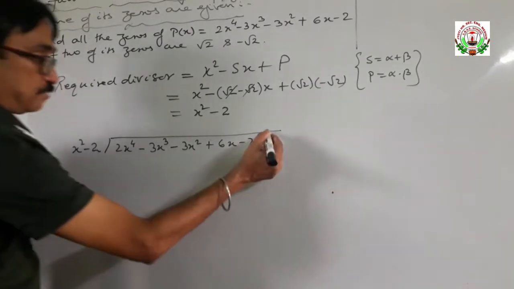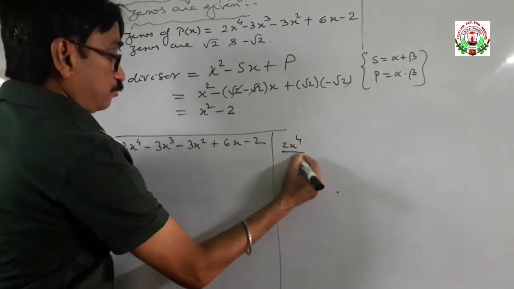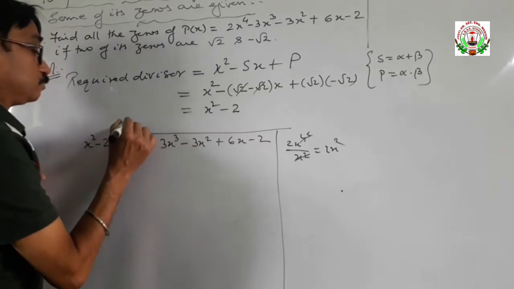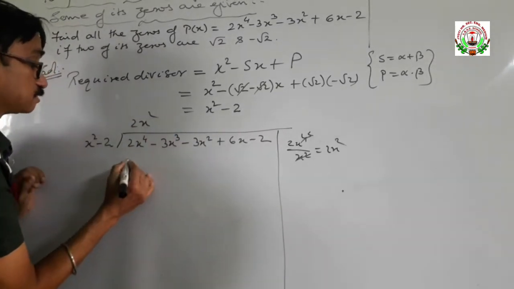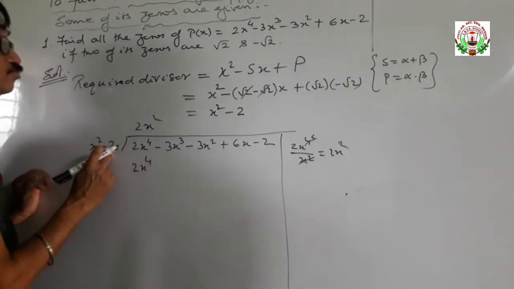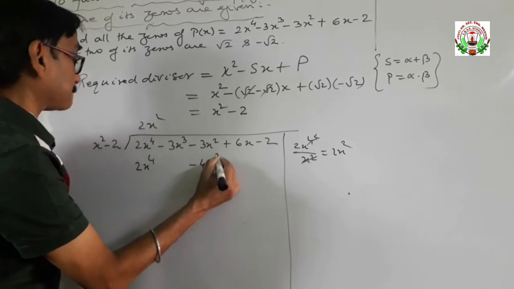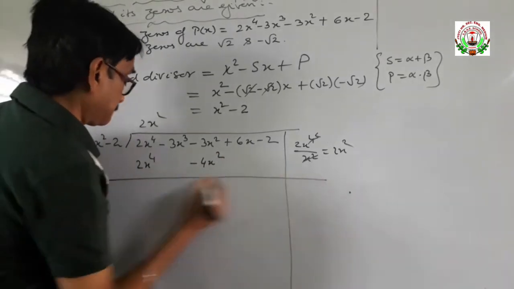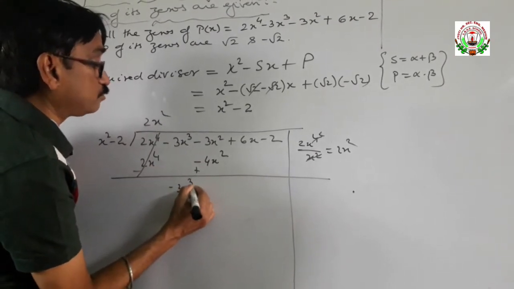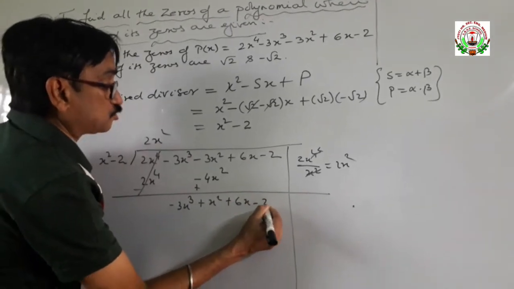So first we divide it. 2x to the power 4 upon x square is 2x square. 2x square into x square is 2x to the power 4, and 2x square into minus 2 is minus 4x square. Changing signs, we get minus 3x cube plus x square plus 6x minus 2.